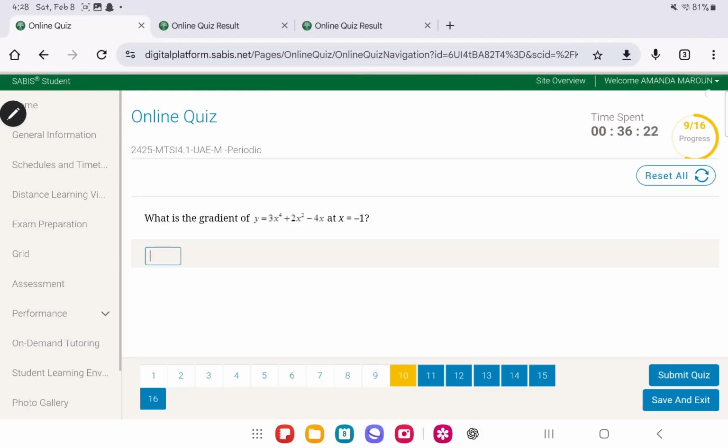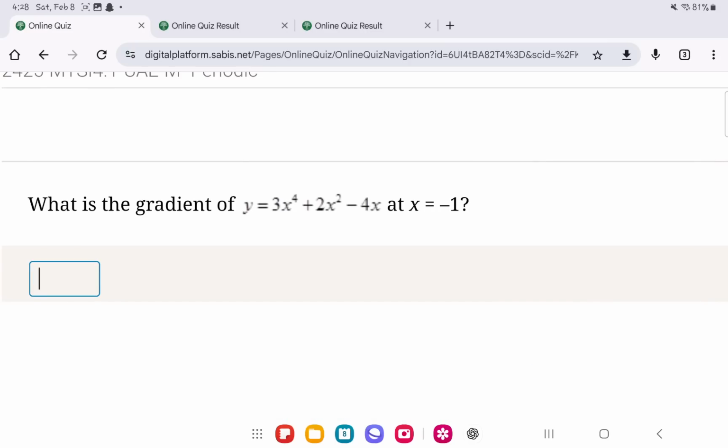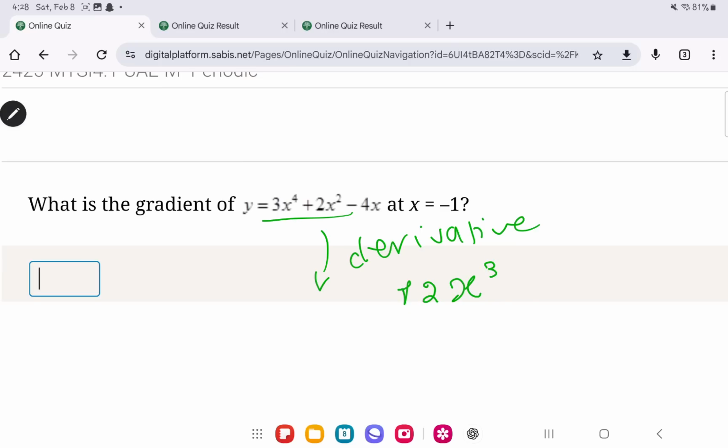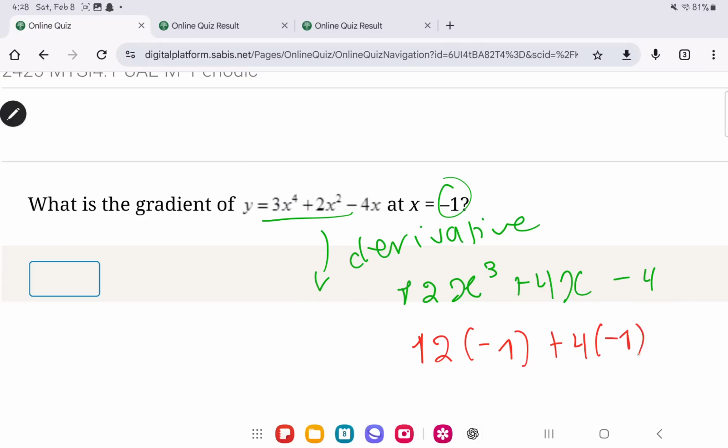We move on to question number 10. Again, they want us to find the gradient of this equation. So we need to find the derivative. To find the derivative, it's going to be 12x to the power of 3 plus 4x minus 4. Then we substitute minus 1. So it's going to be 12 times minus 1 plus 4 times minus 1 minus 4.